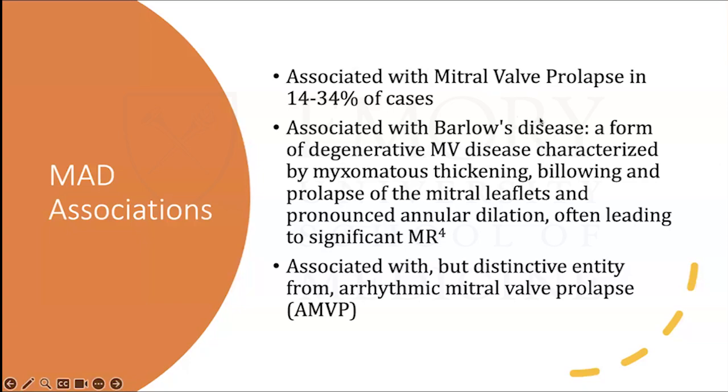It's also very associated with Barlow's disease, which I wasn't familiar with, a degenerative mitral valve disease characterized by myxomatous thickening, billowing, and prolapse of the leaflets. This is associated with significant MR, so often myxomatous degeneration leads to such significant MR that it almost always progresses to the point where the patient will need a mitral valve replacement, whereas MAD and mitral valve prolapse alone often won't.